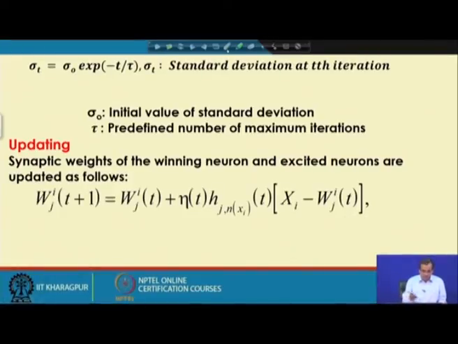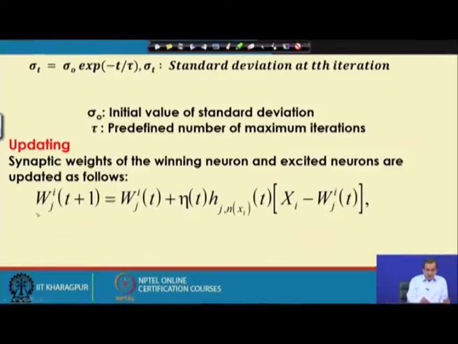Now, if you see, this w_ji(t+1), that means what will happen to the connecting weight between the input x_i and the point lying on the competition layer, that is the jth one. So, this is the connecting weight.